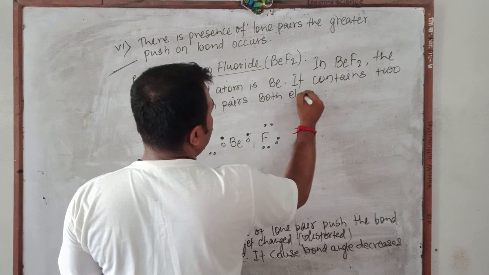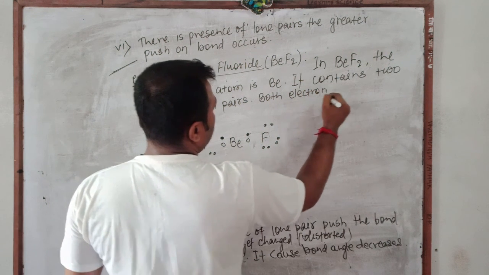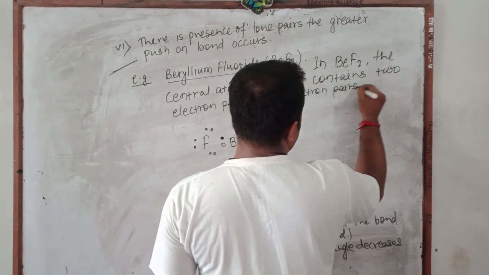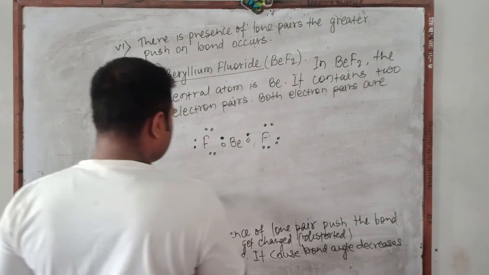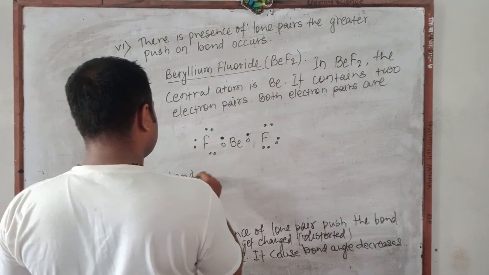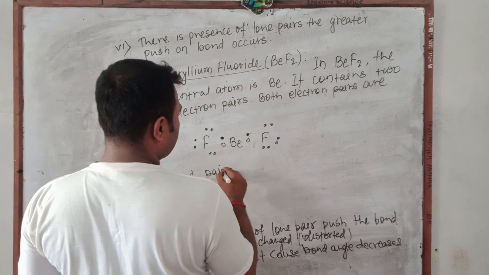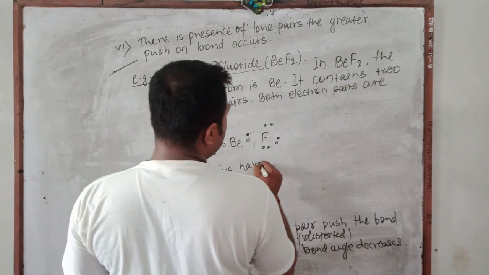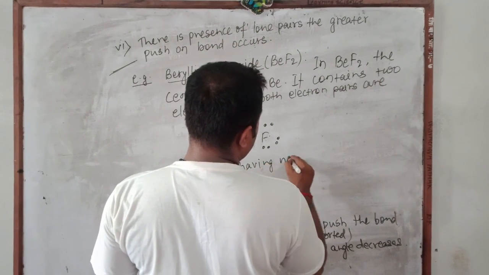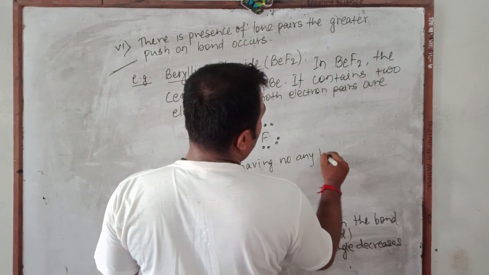Both electron pairs are bond pairs, having no lone pairs.